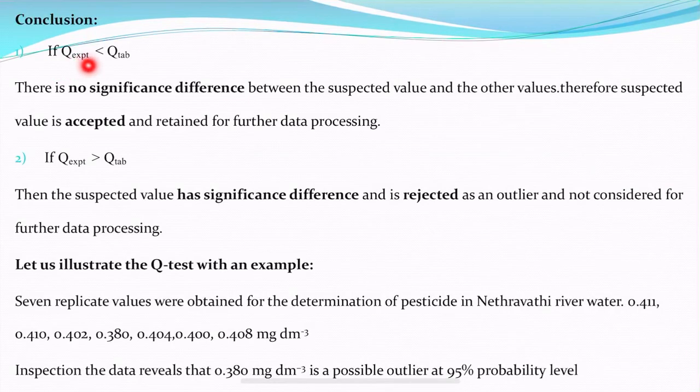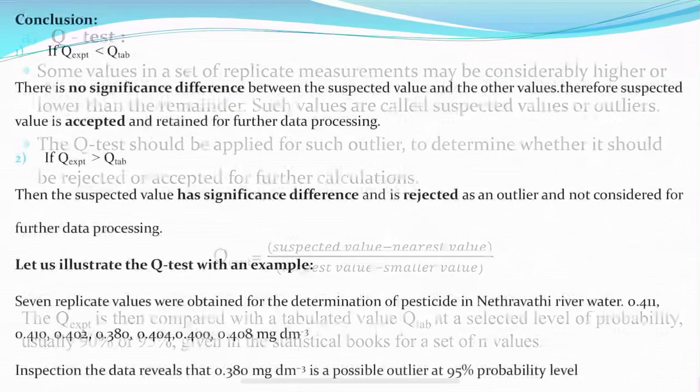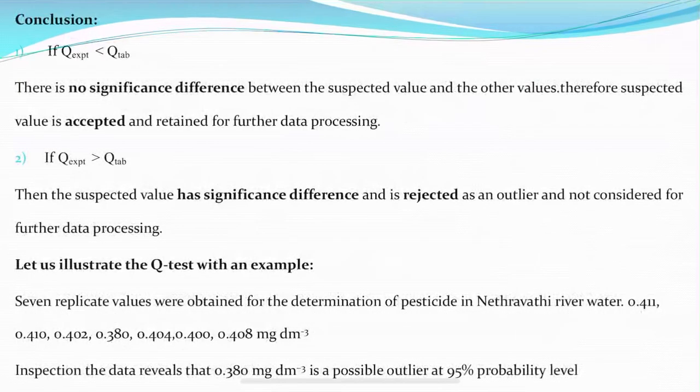Suppose Q experimental, which is calculated as suspected value minus nearest value divided by largest value minus smallest value, is lesser than Q tab, the value tabulated in statistical books. We compare the two, so there are two possibilities.